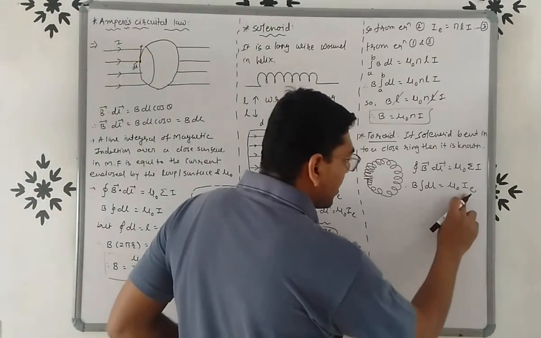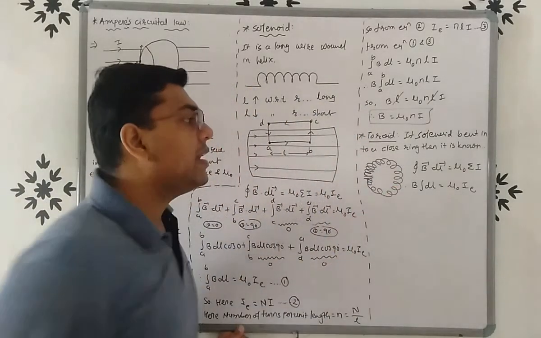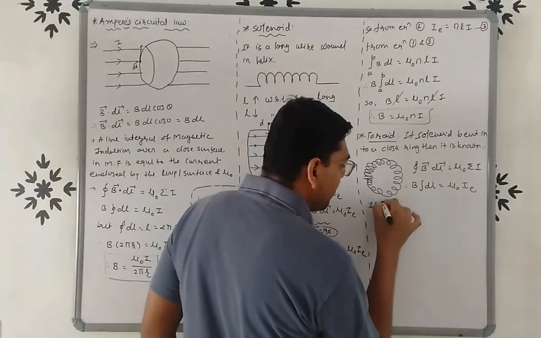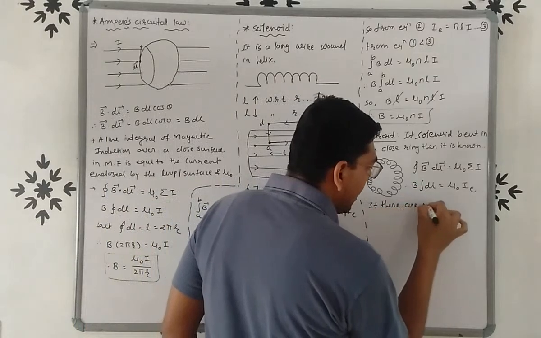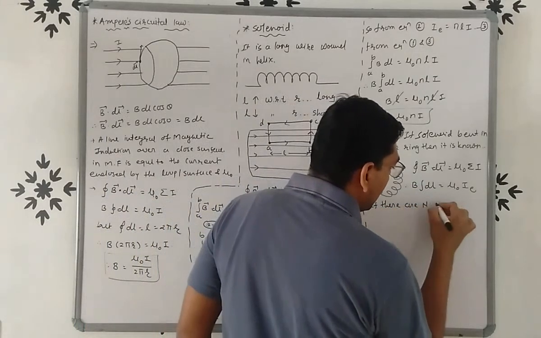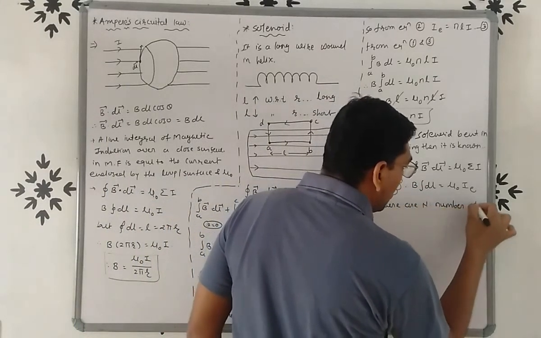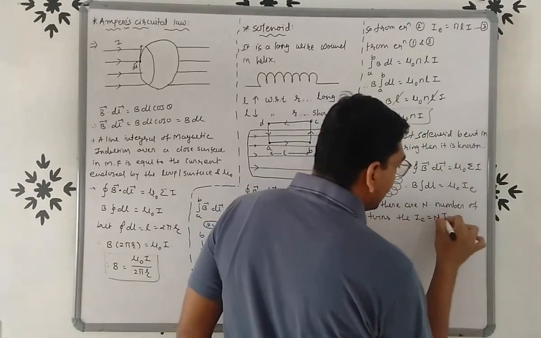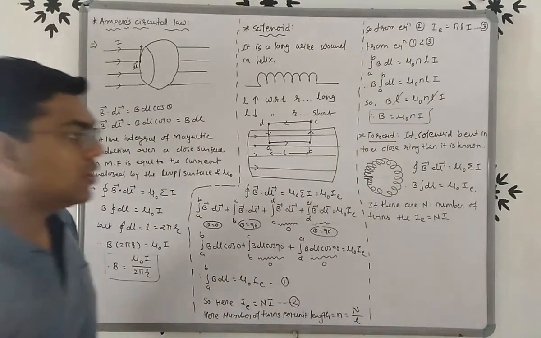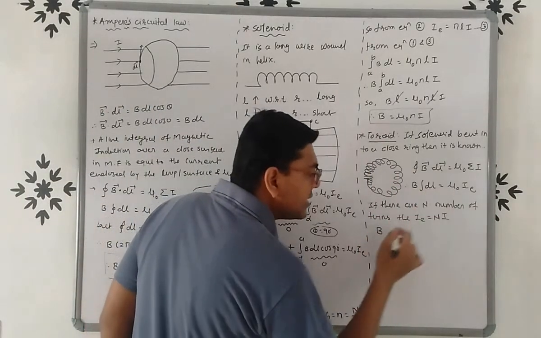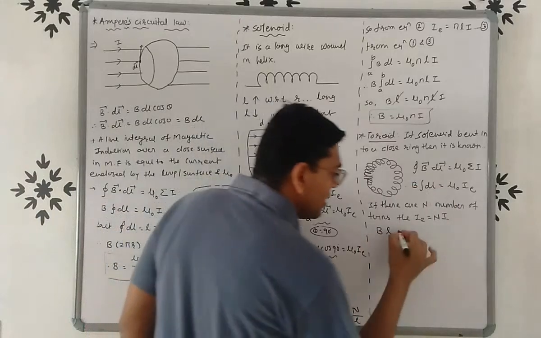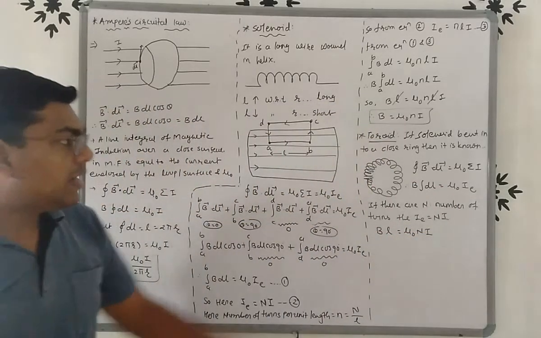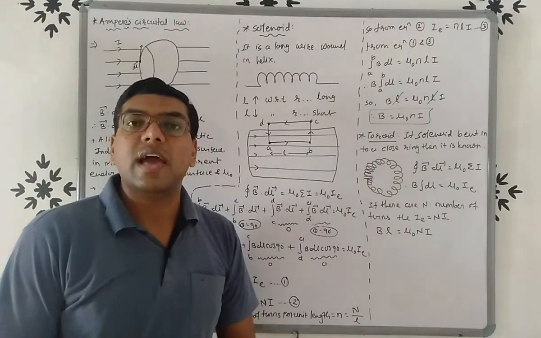But here, if there are capital N number of turns, then total current I E is equals to N I. So B integration dl, that is total length L, is equals to mu 0 into I E, capital N into I. But here there is a closed ring having radius r.